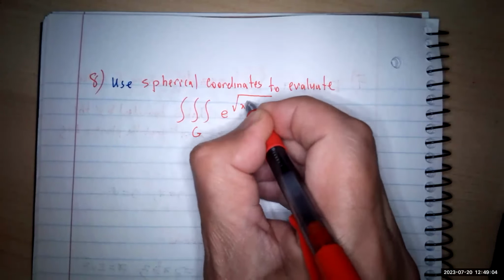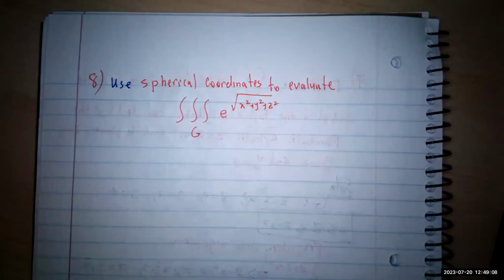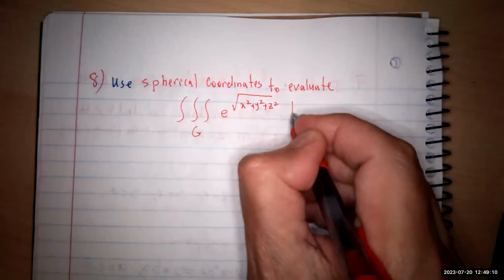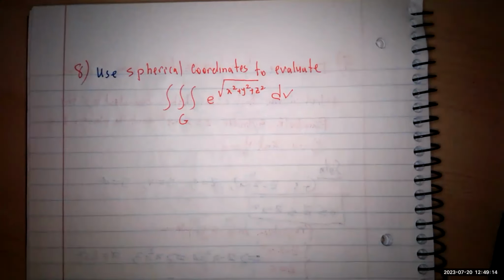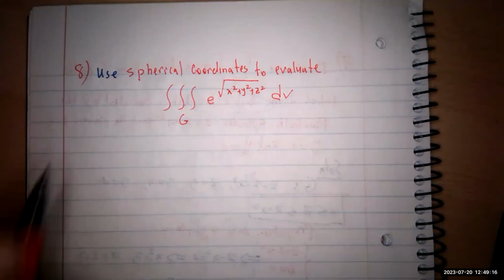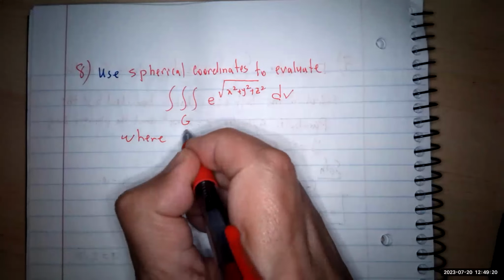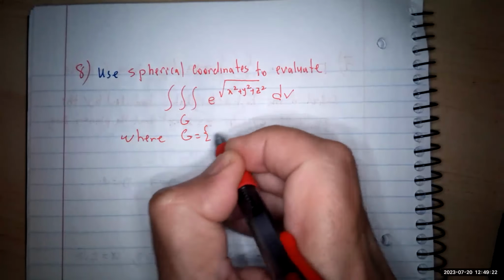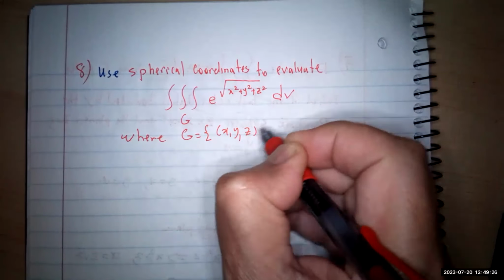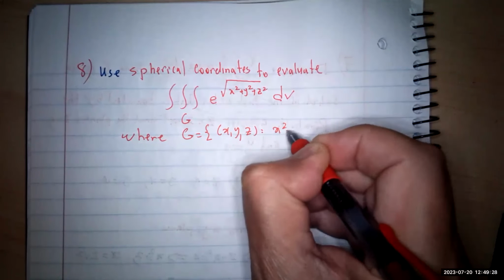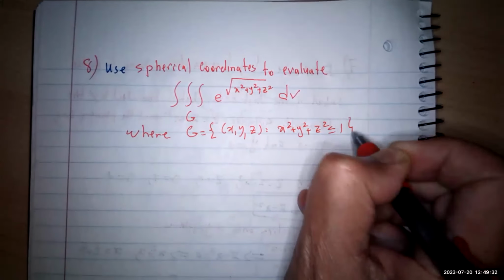So it's a x squared plus y squared plus z squared. And the dV, the underlying region is the points inside the sphere, which is very good. So all those smooth ones are the ones that you did with the sphere.